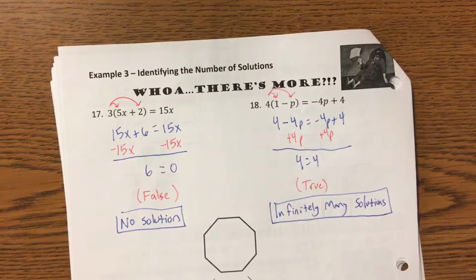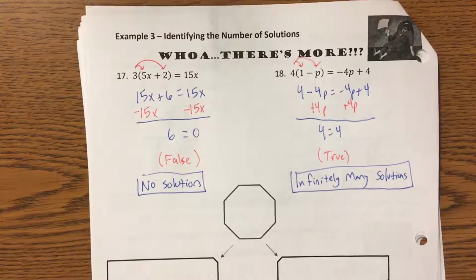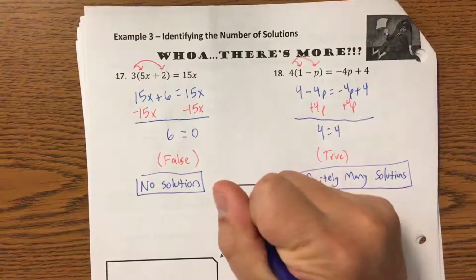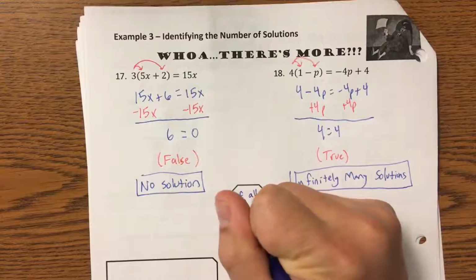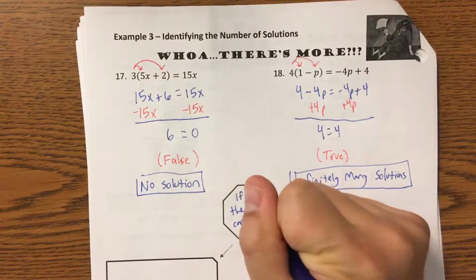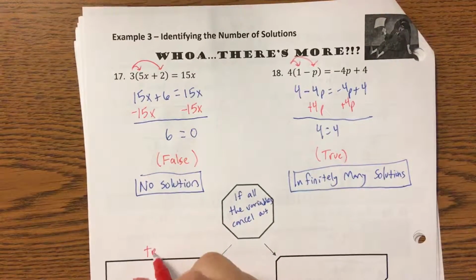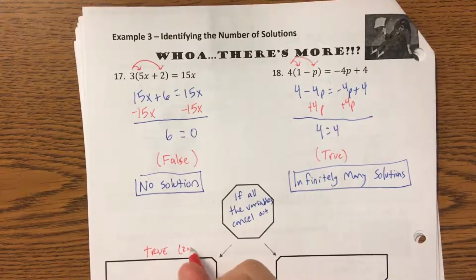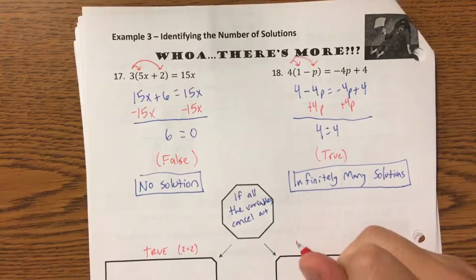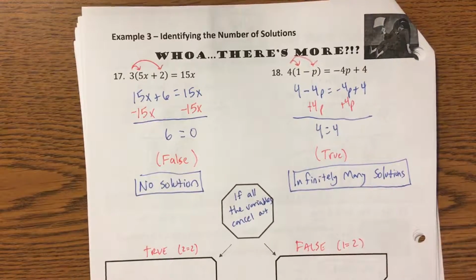All right, just to summarize this, because I know we're about to move on. These problems on the bottom, I'll make sure they're worked out for you too on Schoology. So if all the variables cancel out, you're either going to be left with a true statement, like 2 equals 2, or a false statement, like 1 equals 2.